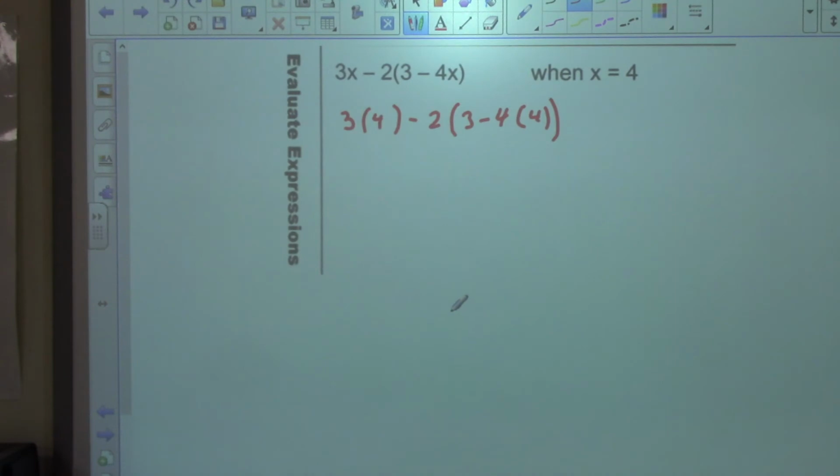And then we just use order of operations to simplify where we can. And so we have 3 times 4, which is 12. And then we have minus 2 times, and then we're going to simplify all this within these parentheses here. So we have 3 minus 16. What's 3 minus 16?